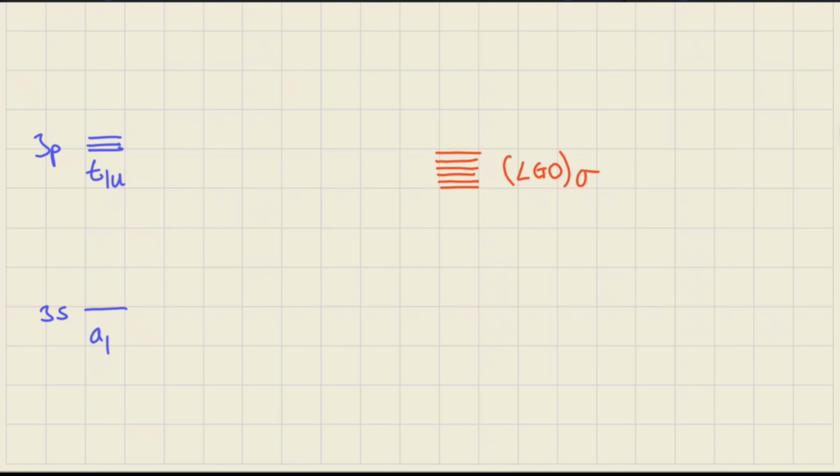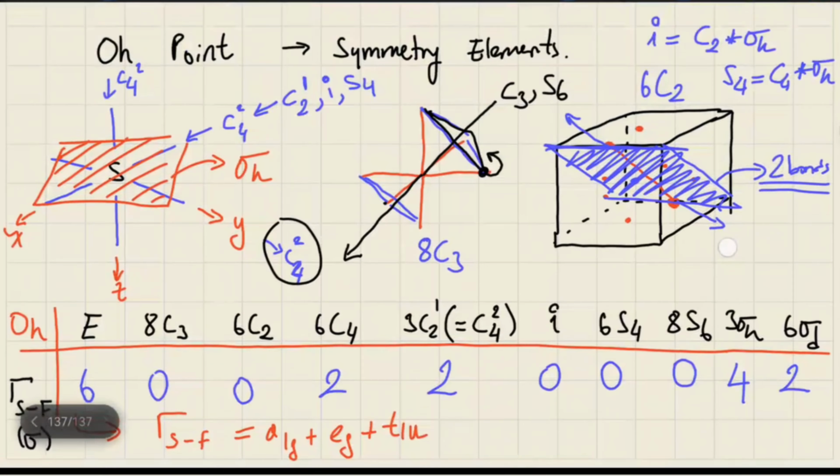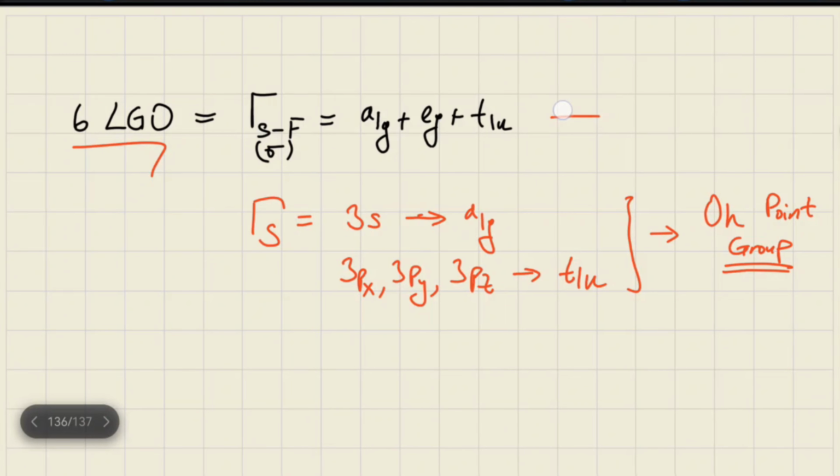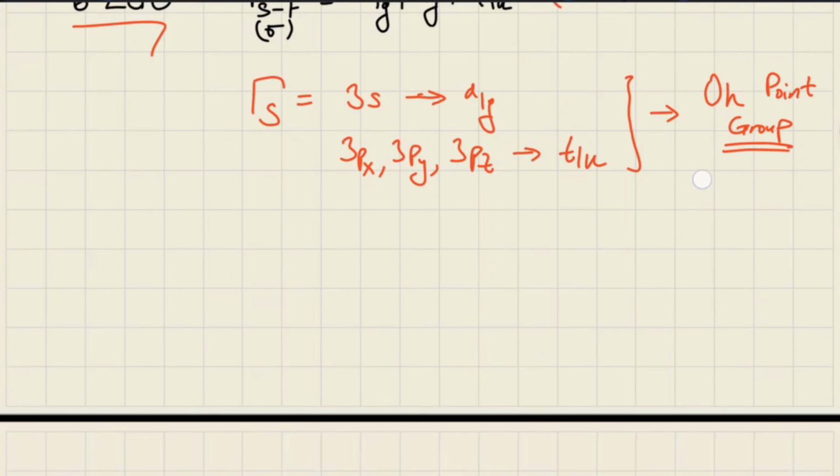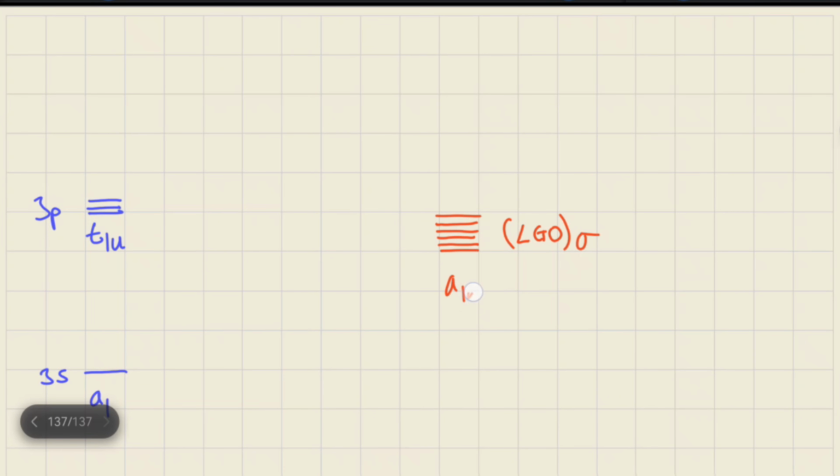And the LGO symmetry was this one, A1g plus Eg plus T1u. So Eg is doubly degenerate, so 2 orbitals with the same energy, and T1u is triply degenerate, so 3 orbitals have the same energy.